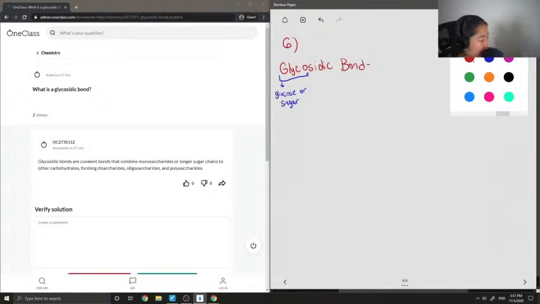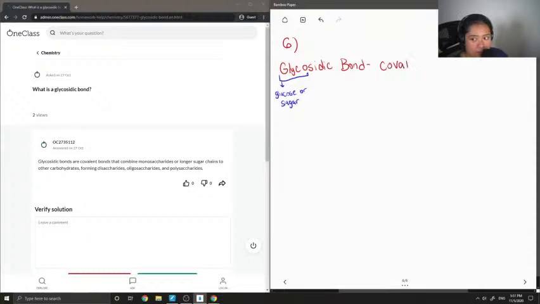So actually, glycosidic bonds are covalent bonds, or bond, I'll make it singular.